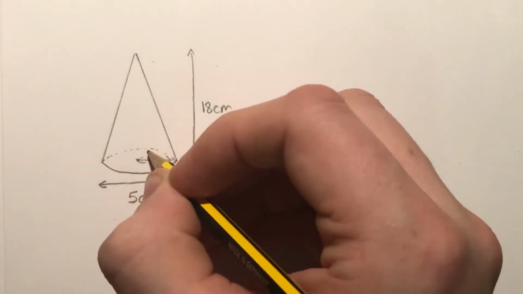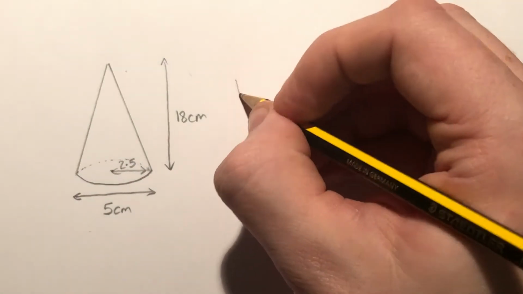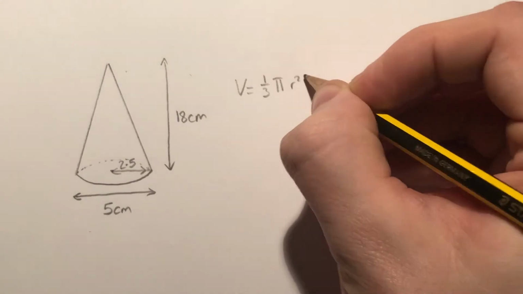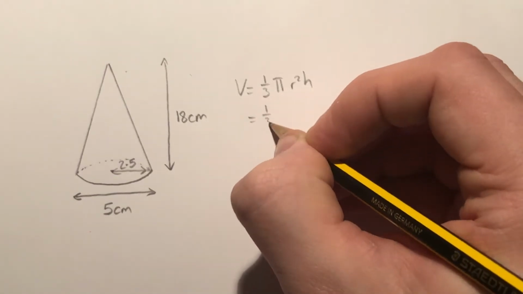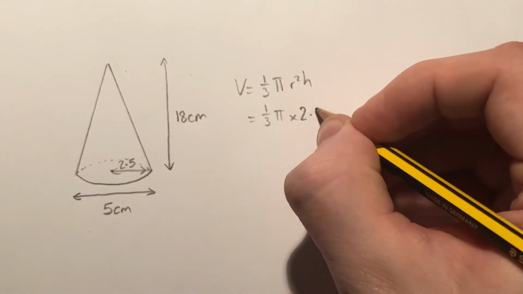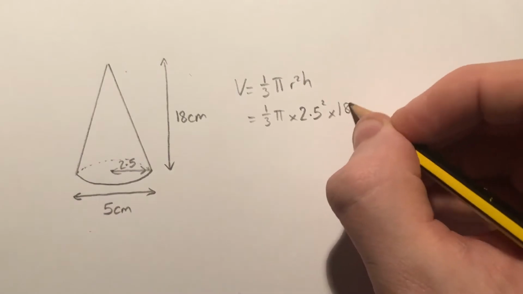So if this is 5, then this is halfway, it's 2.5 centimetres. So we can say that volume equals, and always state the formula first, 1/3 pi r squared h, which is 1/3 of pi times 2.5 squared times our height, which is 18.